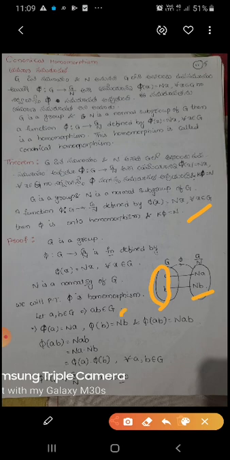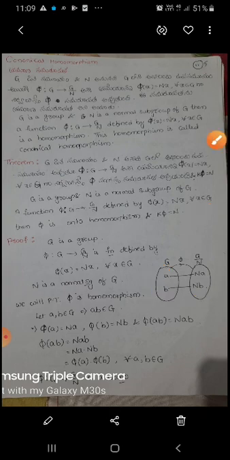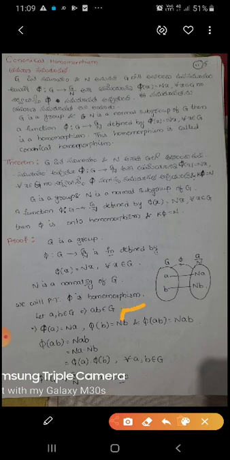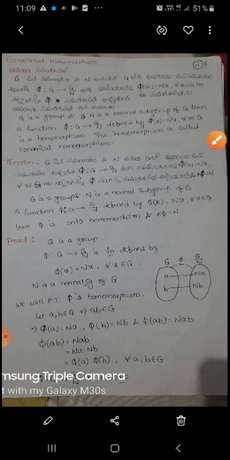So let a, b belong to G, implies ab belongs to G. That implies φ(a) = Na, φ(b) = Nb and φ(ab) = Nab. So φ(ab) = Nab = Na·Nb, which equals φ(a)·φ(b) for all a, b belong to G. So therefore φ is a homomorphism.